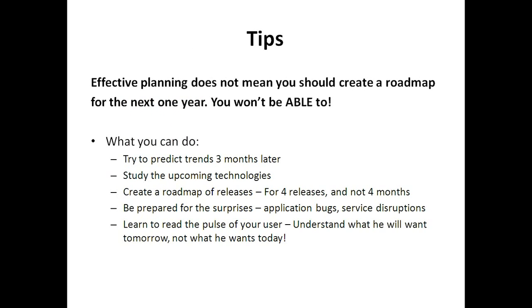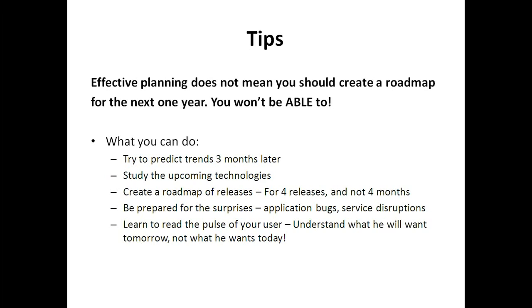A few tips. Effective planning does not mean that you should create a roadmap for the next 1 year. You won't be able to. It's as simple as that. Leave alone the next 1 year, you won't be able to do the next 6 months also. But what you can do is try to predict the trends which are going to be there 3 months later. Study the upcoming technologies.